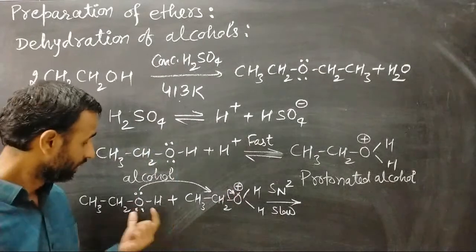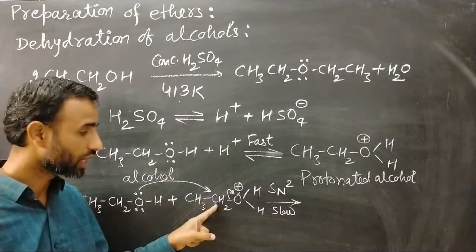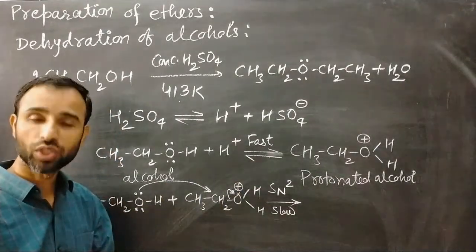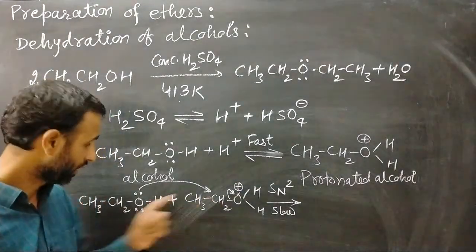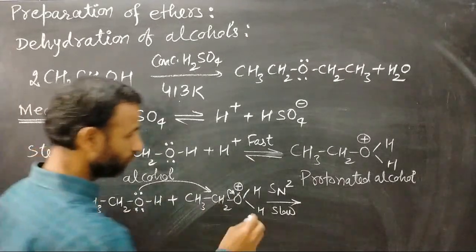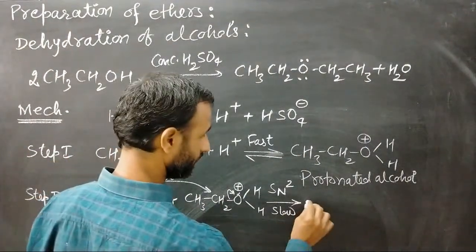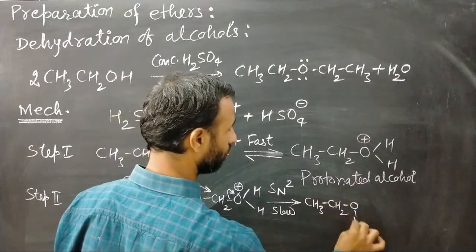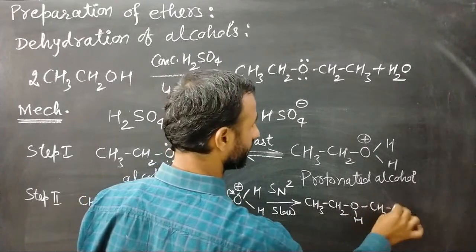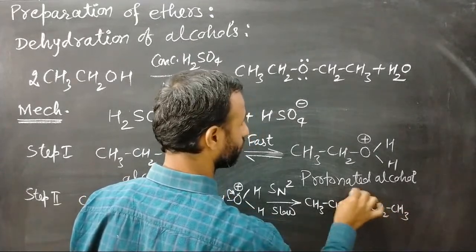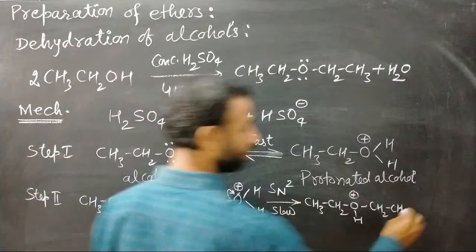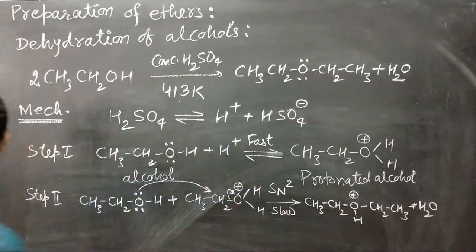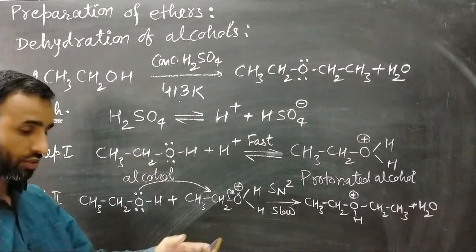But here this alcohol will attack on the carbon attached to the positively charged oxygen, and therefore it will form CH3CH2OHCH2. We get protonated ether along with water.